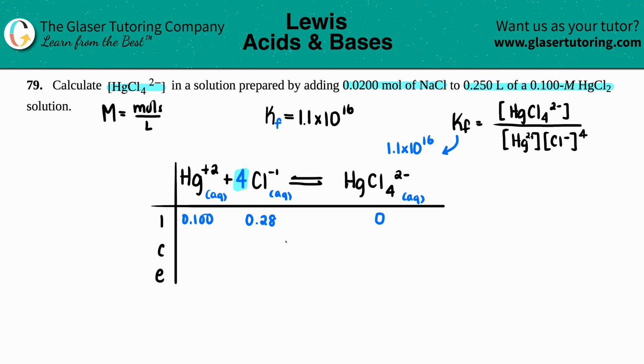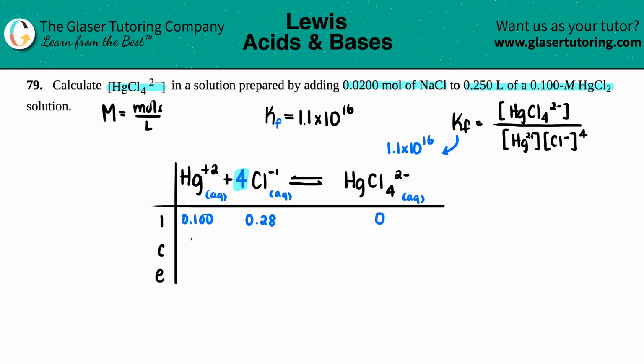But this is where we go back to like Gen Chem 1 and we do our limiting reactants. I have two components of reactants here. I have to find out which one is the limiting one that's going to produce the majority of the complex ion. Well, you might say that the Hg is limiting because it has the lowest amount, right?